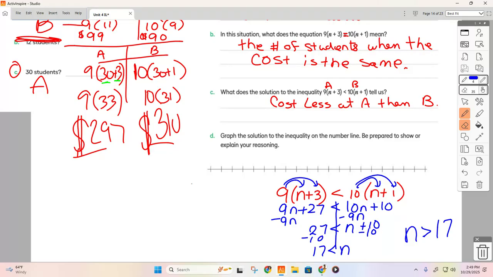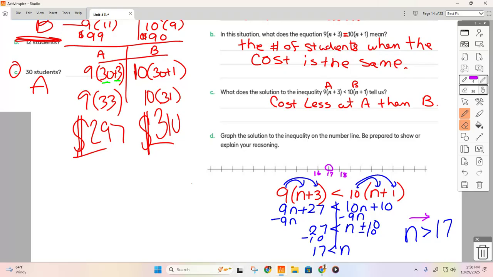The reason I like to put the variable first is so that this inequality symbol is now an arrow showing me which direction to shade on my number line. So if this is 16, this is 17, this is 18, what kind of circle do I have?